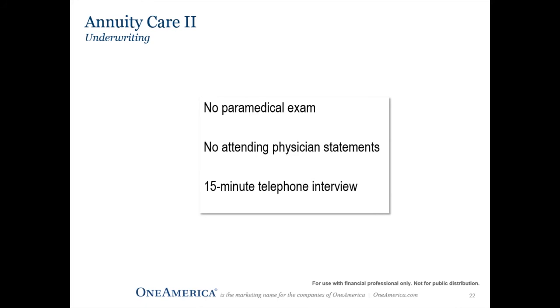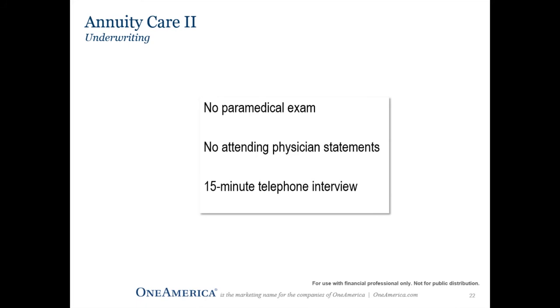So my point in sharing this underwriting slide is to let you know that this is a great place to bring cases for clients who said, hey, I'm interested in long-term care, but have been previously turned down. Being declined for LTC insurance or any other type of insurance is not an automatic knockout to this Annuity Care 2 product. So keep that in mind. Underwriting, I think, is a distinct advantage with Annuity Care 2.